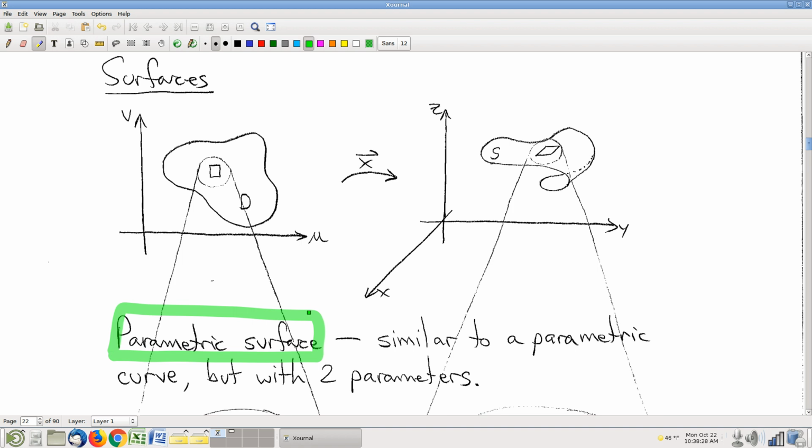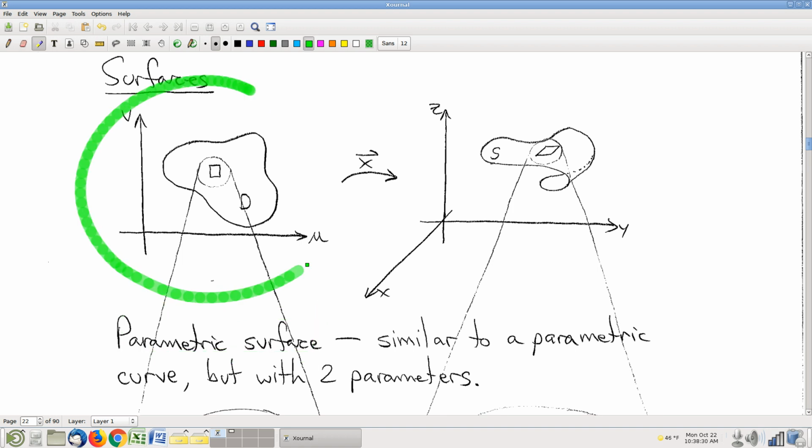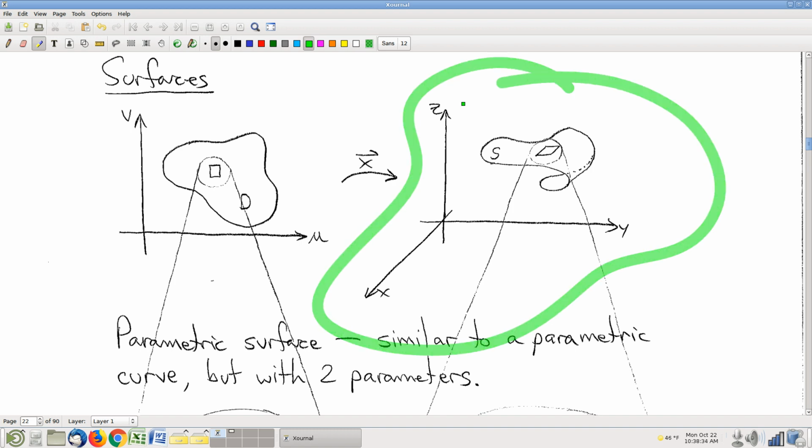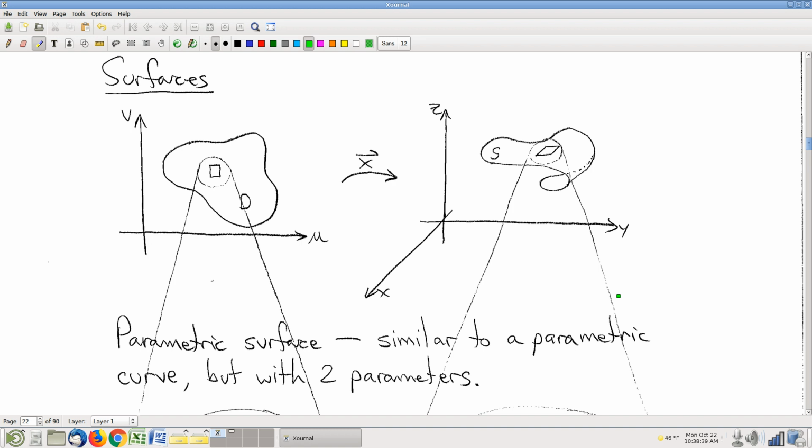So it's just a function from R2 to R3. We'll talk about how to find such functions in a few minutes. For the moment, let's just assume that this function is given, and ask what we do with it now that we have it.